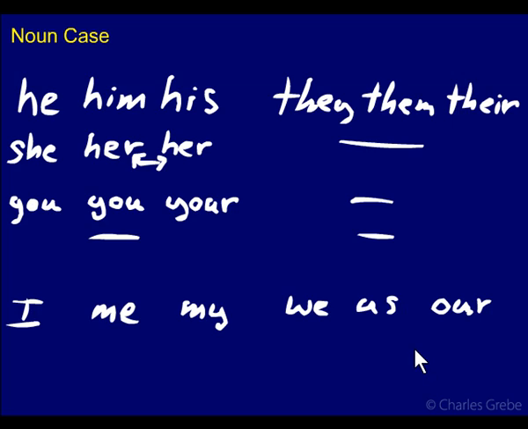So, here are some cases in English, some noun cases. In Hebrew, if you remember, when we dealt with the independent personal pronouns, we had, what was it here again? He is hu, ata, at, we don't have that in English, ani. And we just had the one form going down here. And that's because we only have the nominative form.